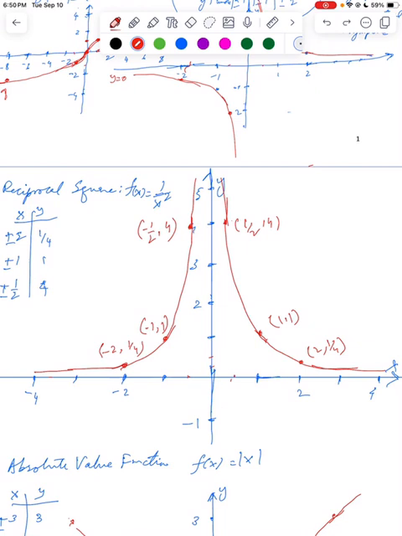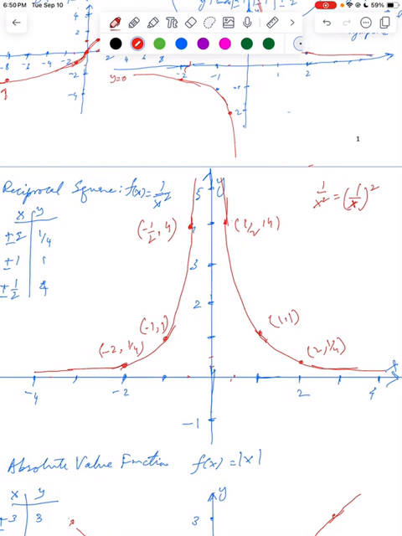I just made up the name, the reciprocal square, because 1 over x squared is the same thing as 1 over x, whole squared. So you see 1 over x is our reciprocal function, and then we are squaring it. So we do it the same way as we were doing before.